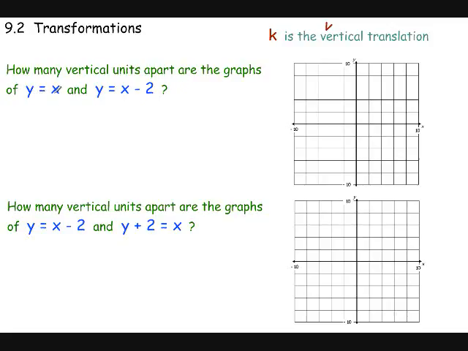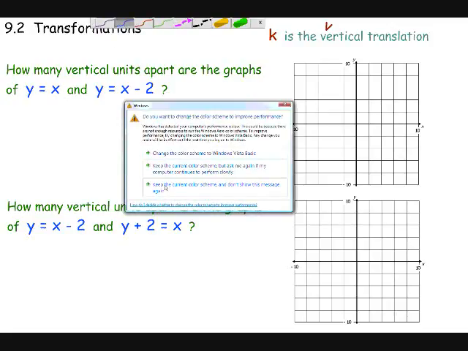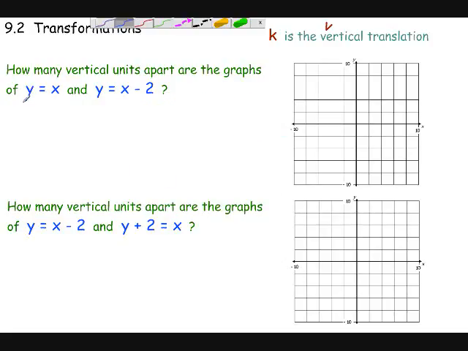y equals x, and why don't we draw that? I think I'll draw that one in blue. I'll draw this one in blue, and that would draw right here. This would be y equals x, just a straight line.